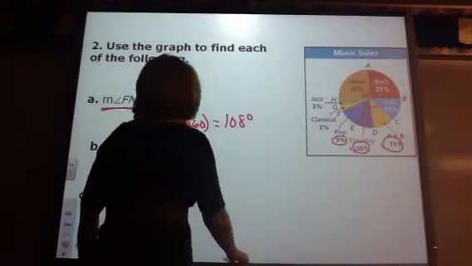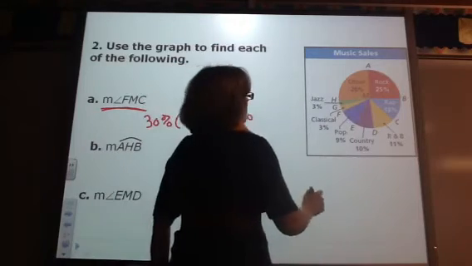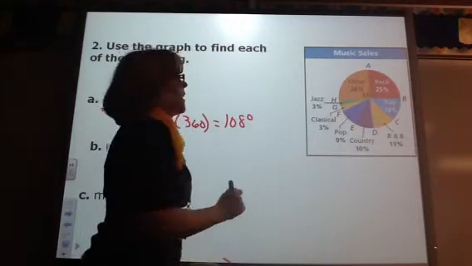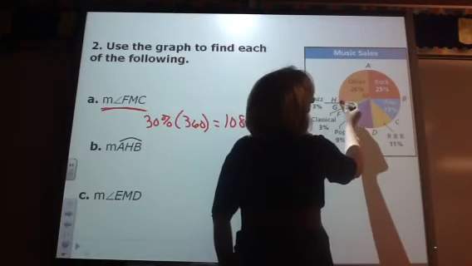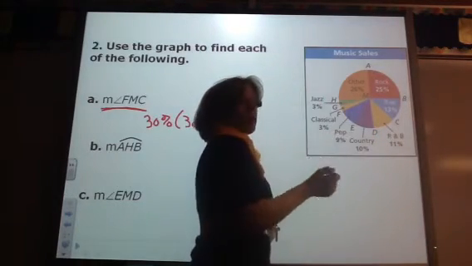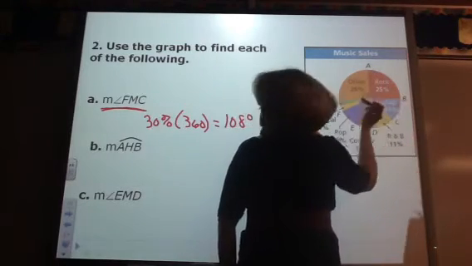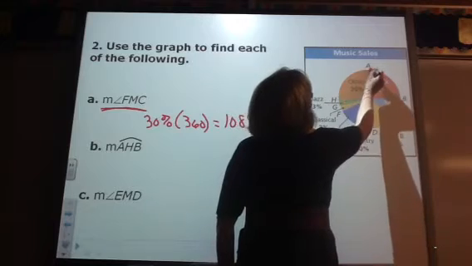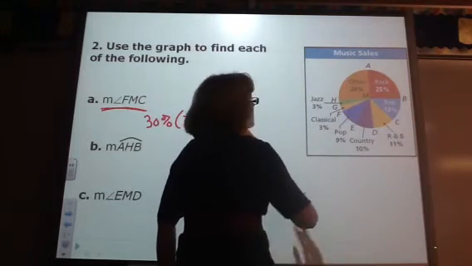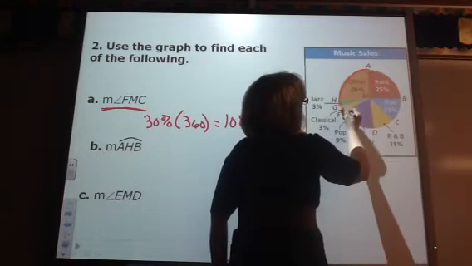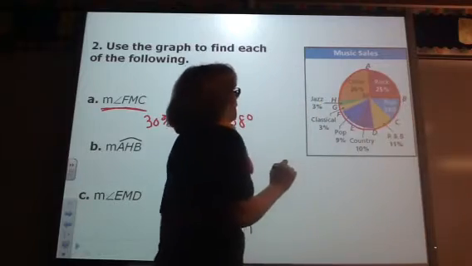Then we have arc AHB. Excuse me, central angle AHB. So we have A, H, and oh my gosh, I'm going to back up. This is an arc, AHB. AHB is this major arc right here.